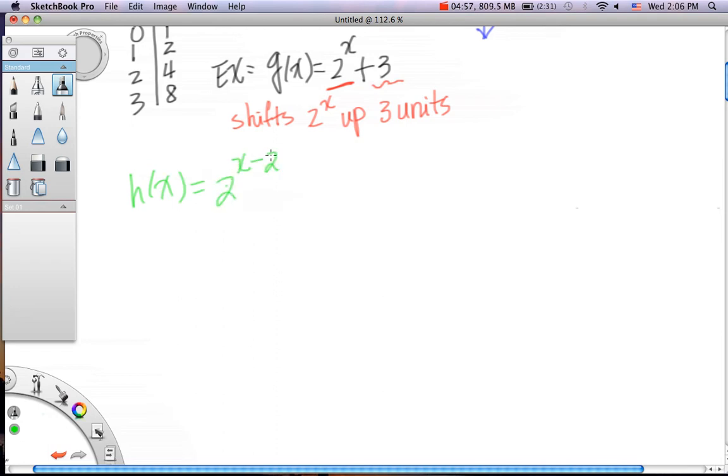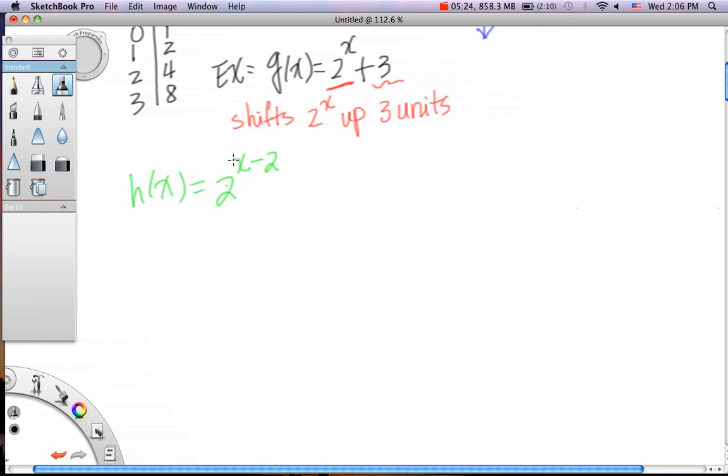I apologize, the green doesn't seem to show very well, so I'm going to switch back to black now. If you recall, when we were learning quadratic functions, if you do something to the function, so 2 to the x was the original function, now you're subtracting 2 units from the x values.